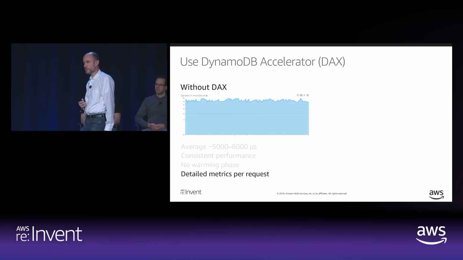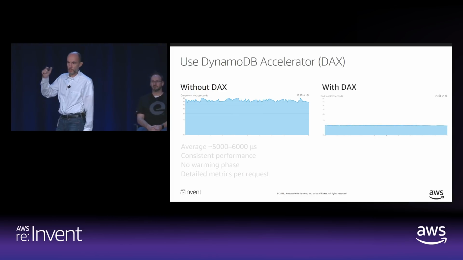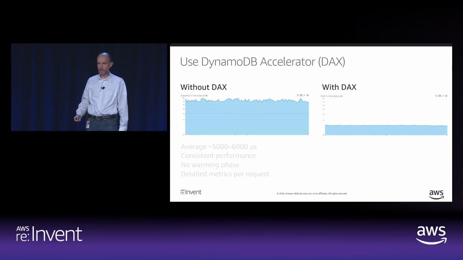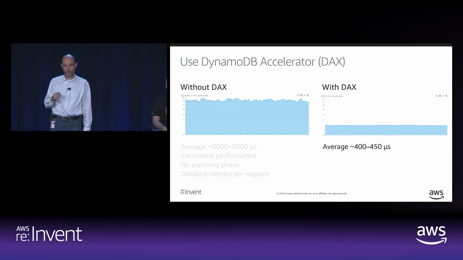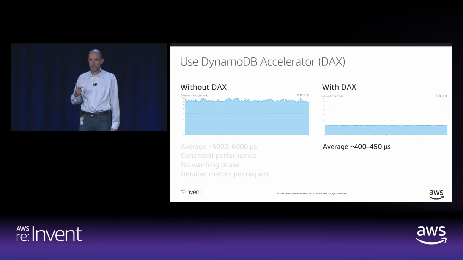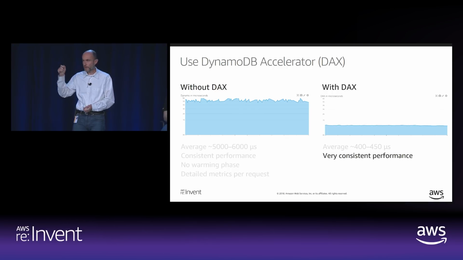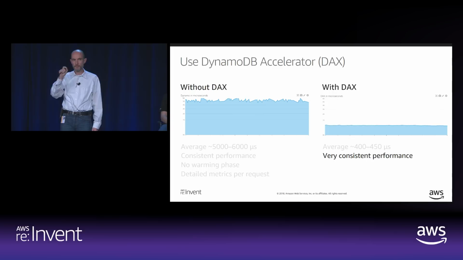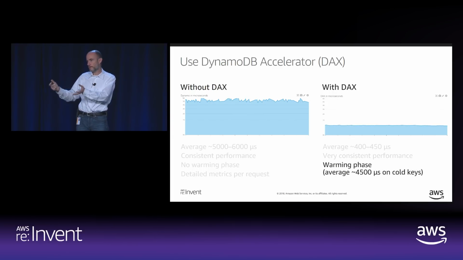And then they switched on the Dynamodb Accelerator feature, or DAX. And the response time went down dramatically to about 1/10. Now they're seeing 400 to 450 microseconds in latency from Dynamodb. Drastic acceleration here. Very, very consistent performance. Even the consistency improved a lot here. But they need to introduce a warming phase, of course, right?